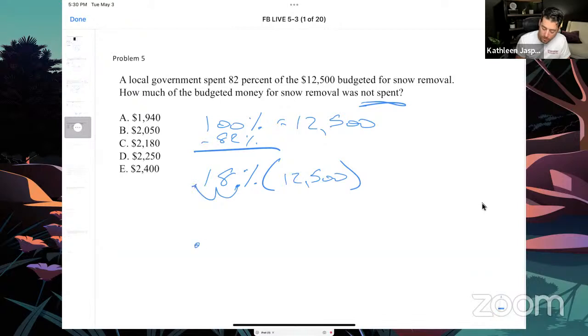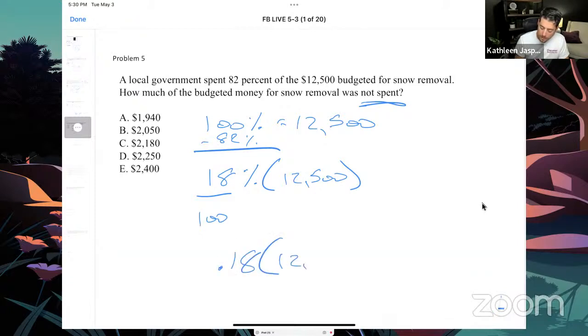So you're left with 0.18. Okay. Or if you can't remember that, you can always do 18 divided by 100, because the word percent means per 100. So it's this number for every 100 that you have. 18 divided by 100 is 0.18.